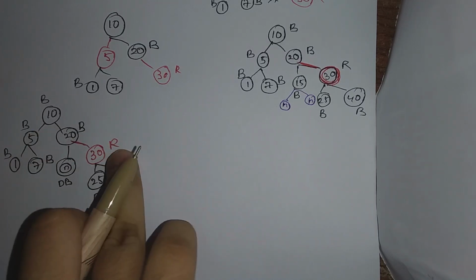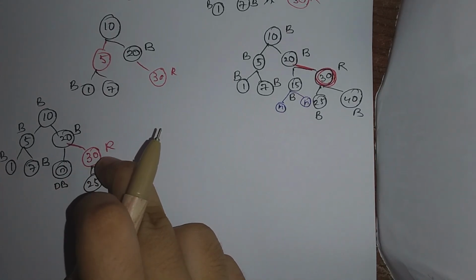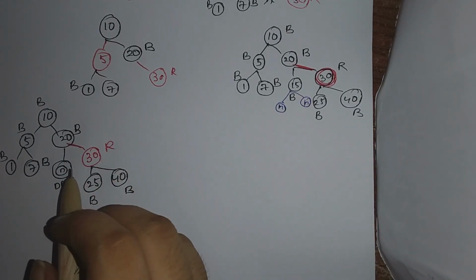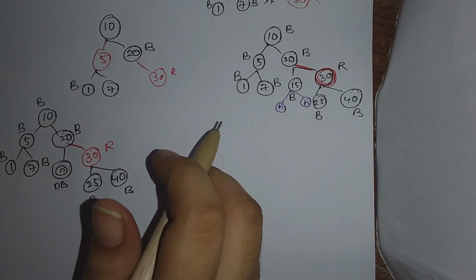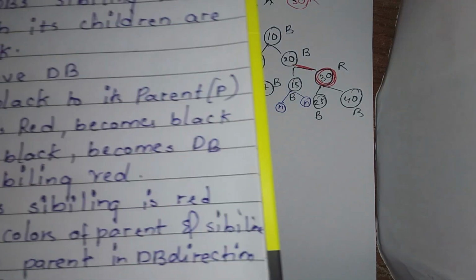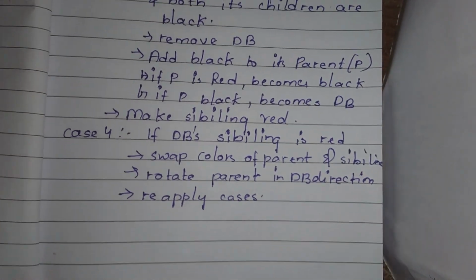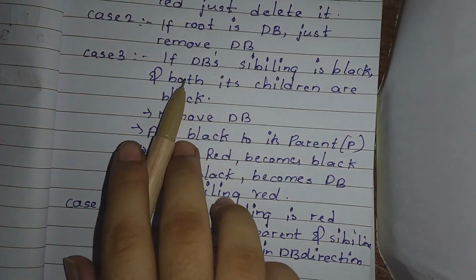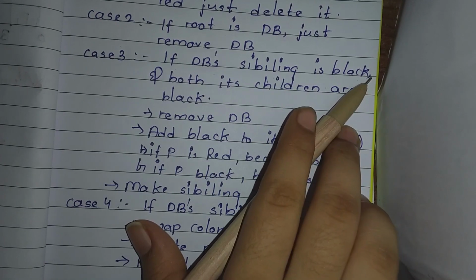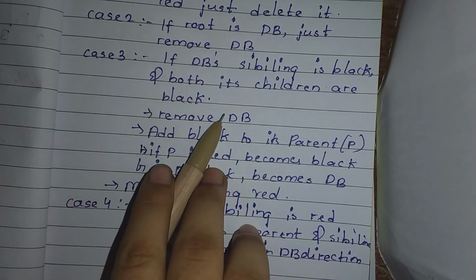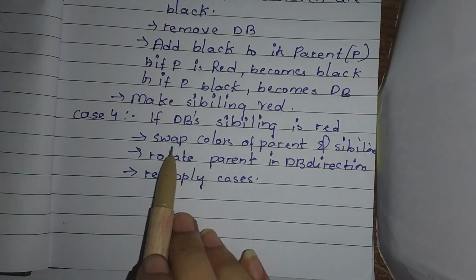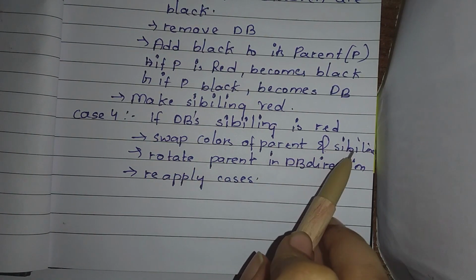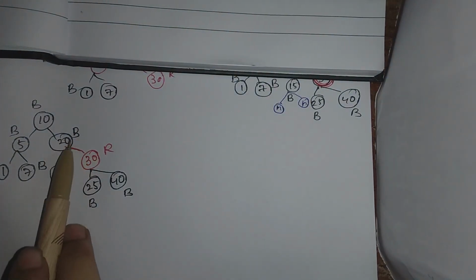So here we need to consider the process. Case 4: if the double black sibling is red, swap the colors of the parent and the sibling. As this is the giving, we need to swap the colors.